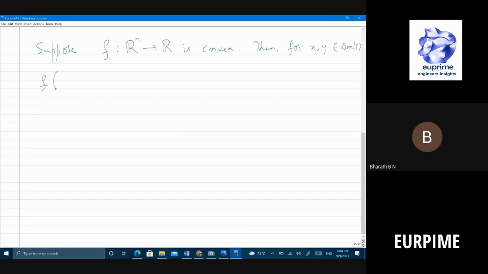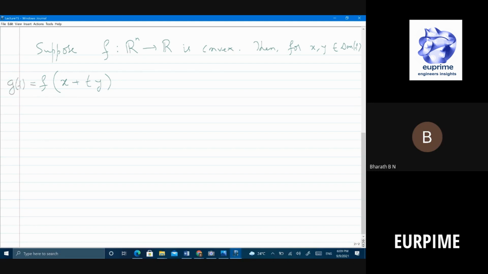f of x plus ty, right? t is some scalar, x and y are vectors, x plus ty is another vector. Of course, I am assuming that this x plus ty belongs to the domain, so I'm not going to use some t that will take x plus ty out of the domain of the function. I will call this g of t for a fixed x, y.